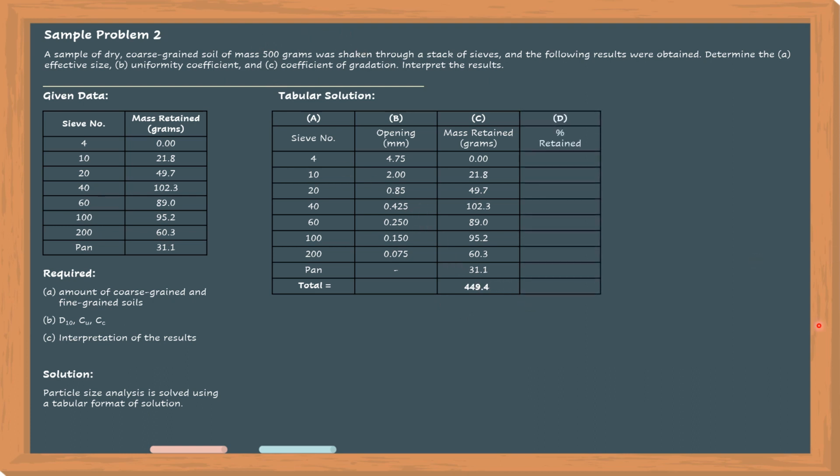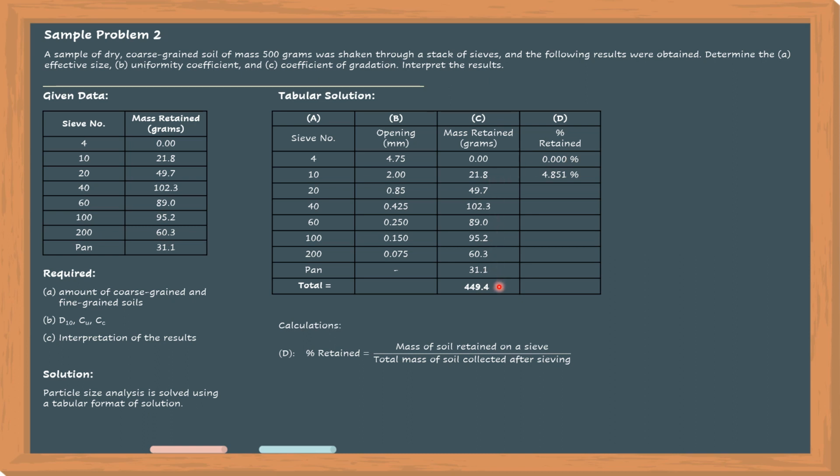Okay, so column number 4 or column D, we need to compute for the percent retained. So the percent retained is equal to mass of soil retained on a sieve divided by total mass of soil collected after sieving. So 0 over 449.4 is 0%.